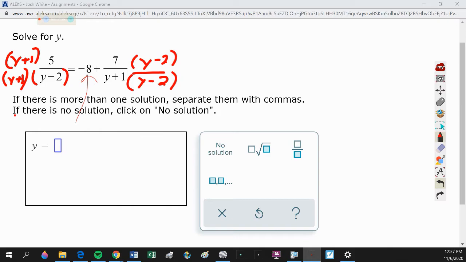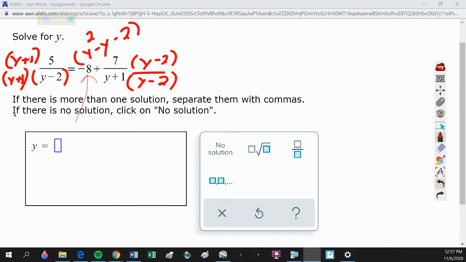Both. Well, what are they when we put them together? Y squared minus, so negative 2y plus y is minus y minus 2. I multiplied y minus 2 and y plus 1 in my head.